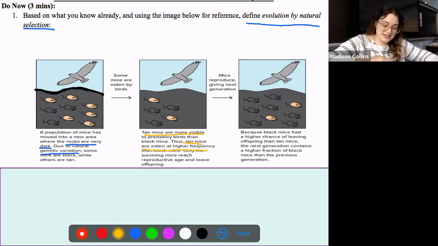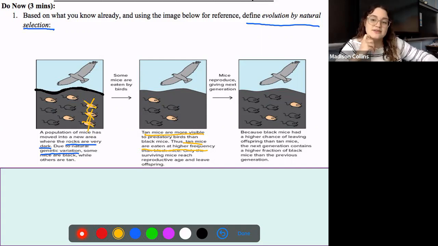Now, if you are a tan mouse who has been eaten, you're not going to be passing on those traits, are you? But these black mice that have been able to survive and blend into their environment will reproduce, giving rise to the next generation.